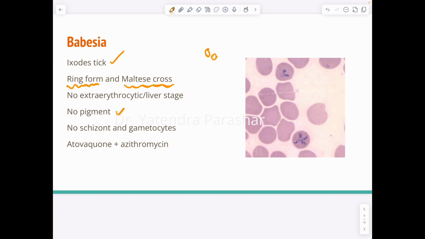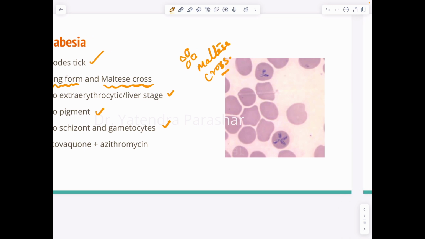There is no liver stage or extraerythrocytic stage, no schizont, and no gametocyte seen in the peripheral smear. Sometimes these ring forms arrange in a group to form a cross. This is known as the Maltese cross appearance.